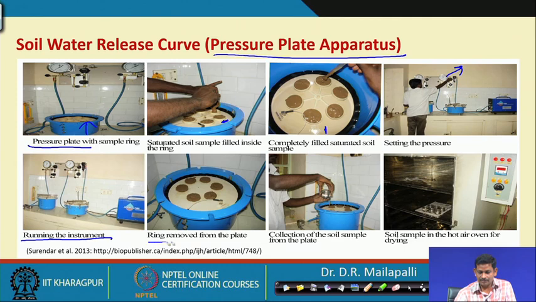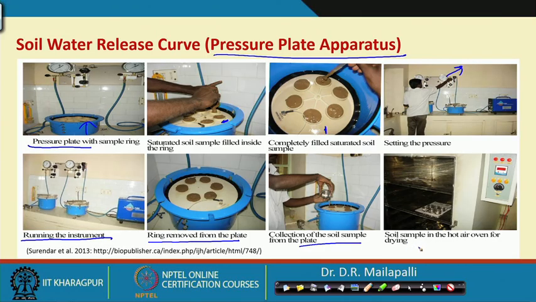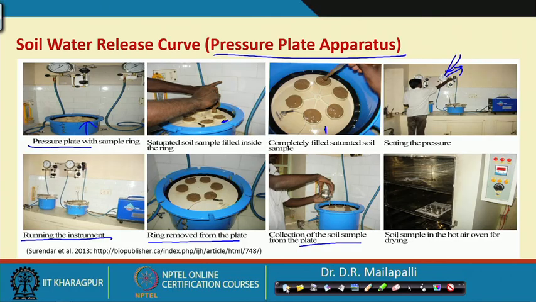After that, remove the lid, take out the sample, and measure the soil moisture using the oven method. That gives the soil moisture corresponding to the vacuum you created. That way you can measure the soil moisture at a particular soil moisture tension.